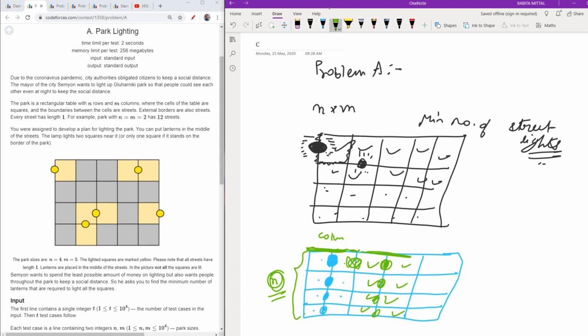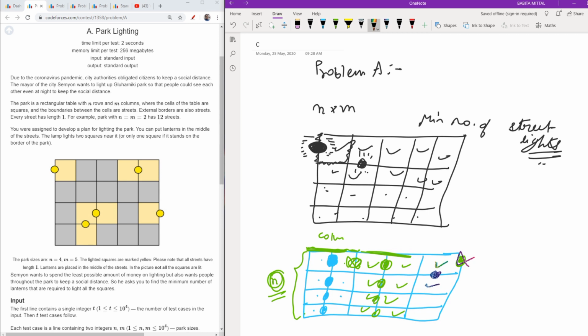Now you will say, Aaron, see, it is remaining. If I place here, but I will say no, you should place here instead, because if it is placed here, then it will light this and this.